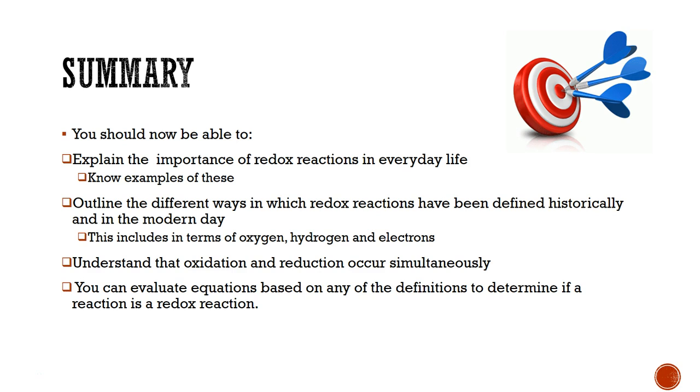Understand that oxidation and reduction occur simultaneously, that we cannot have one without the other, and that if you have a look at a few equations, you'll be able to work out if a reaction is a redox reaction by looking at whether something has increased its amount of oxygen, increased or decreased its amount of hydrogen, or if we have the formation of an ionic compound. We'll have a bit more practice with them.